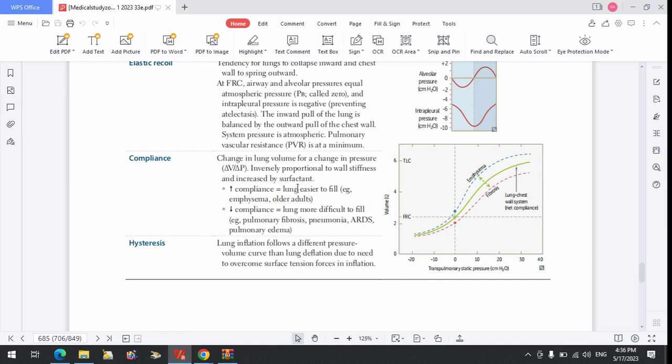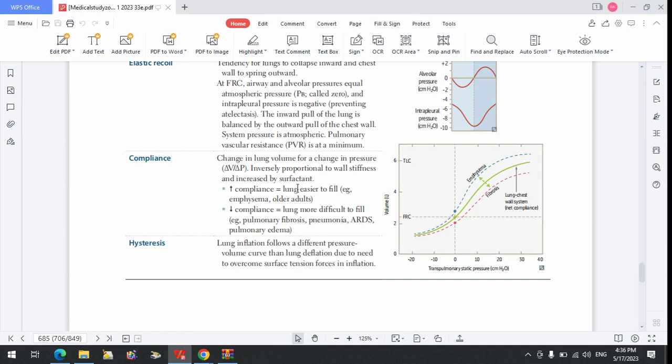The way I'm picturing it now, since I already know that elastic recoil is like coiling back, returning to the initial position after an expansion. Good. So when you say that if you give surfactant, since we know that it's supposed to promote elastic recoil, it should increase the elastic recoil.